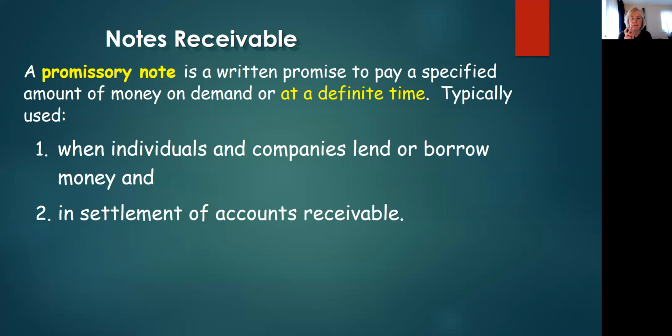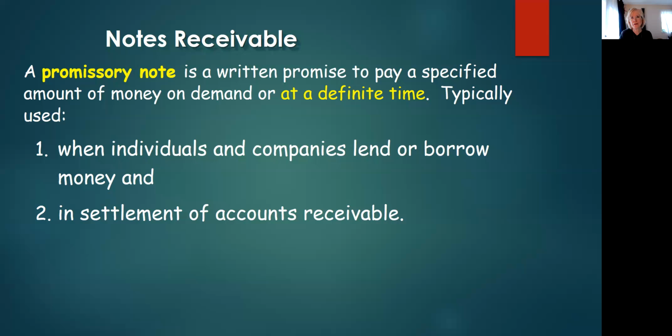It's typically used in two situations. There's a third situation, but these are the ones we mostly use. One, when individuals and companies lend or borrow money. In this chapter, we're talking about lending money. And the second situation is in settlement of accounts receivable.